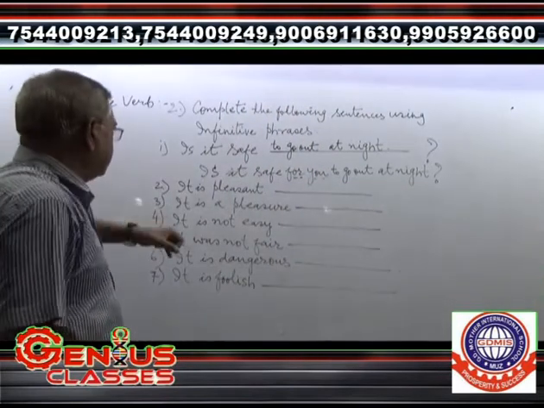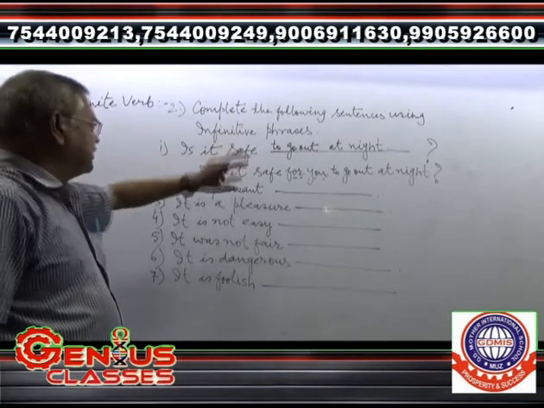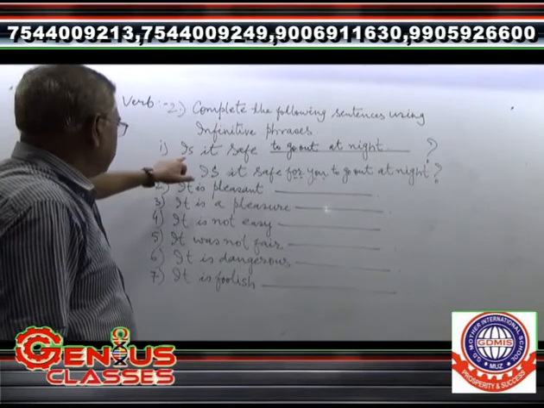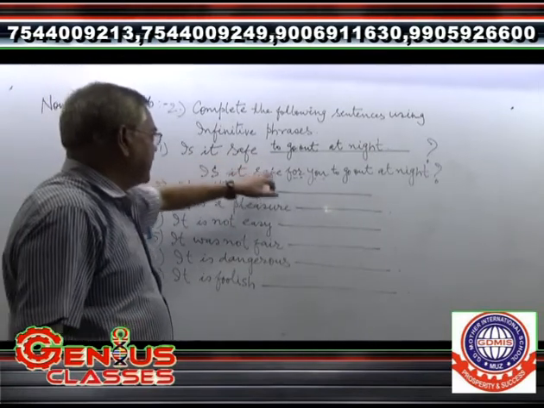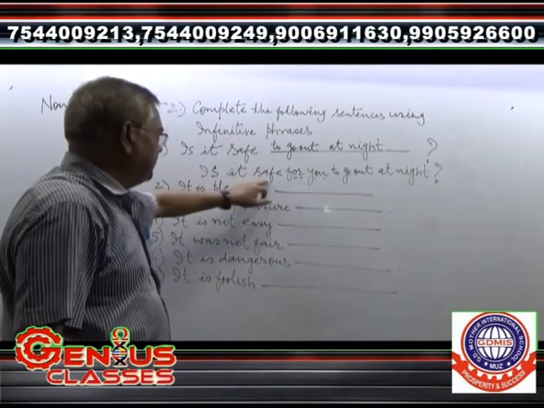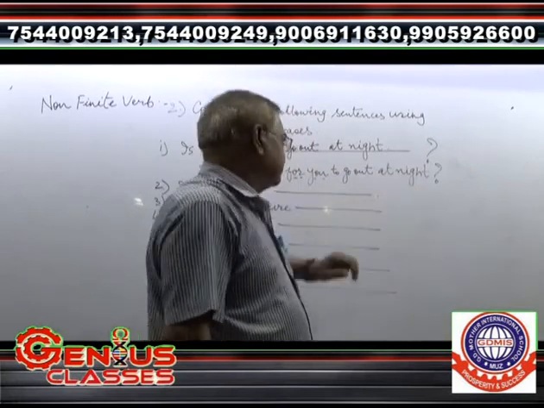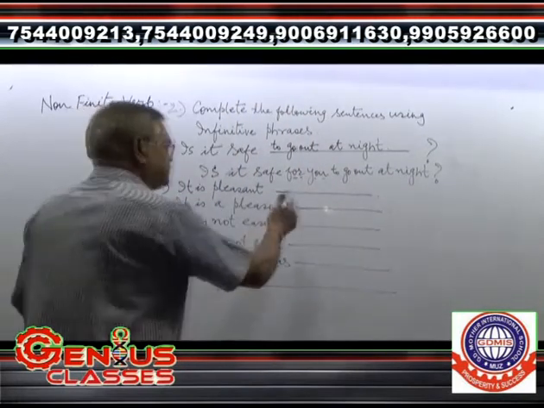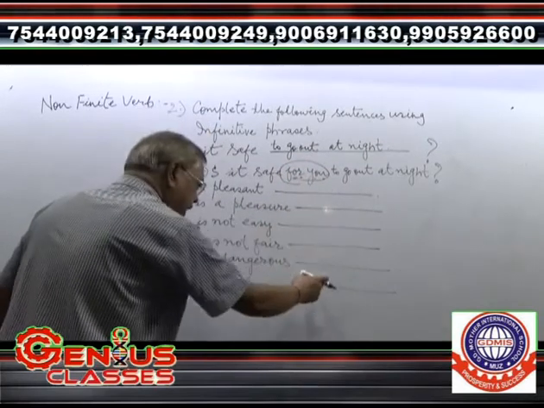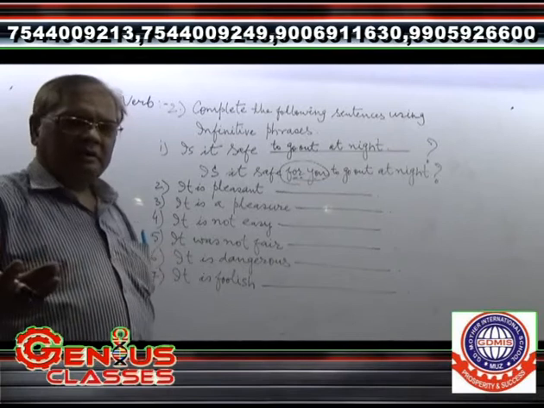So like the first example that I have given, it can be right in two ways, but here I have not used for. See, it is, is it safe, and then after a dash. So is it safe for you to go out at night? So in all cases, for plus noun or pronoun can be used in the blanks.